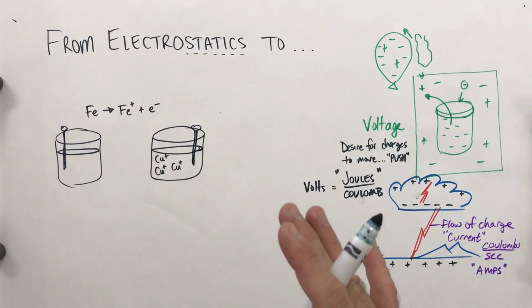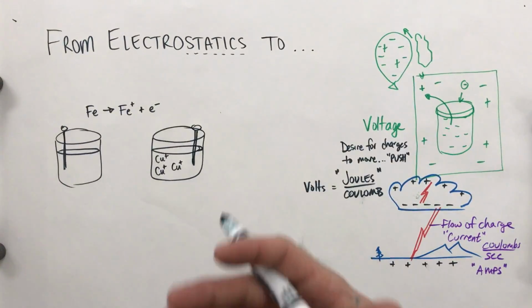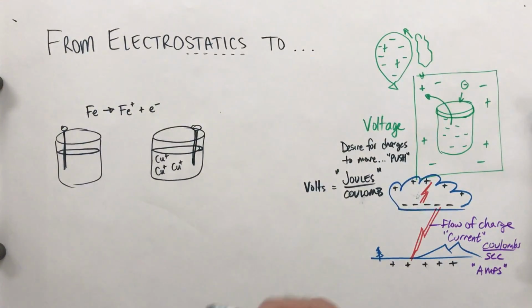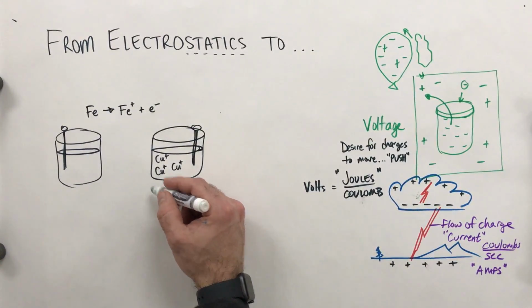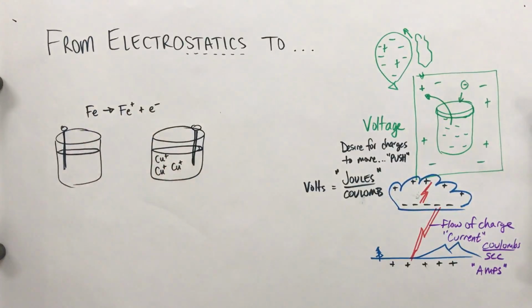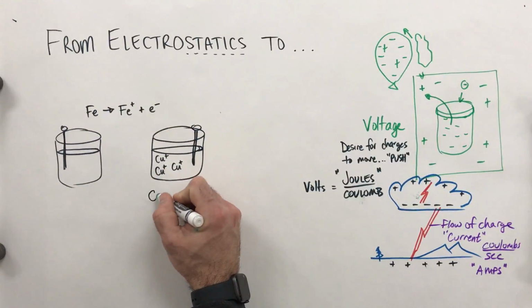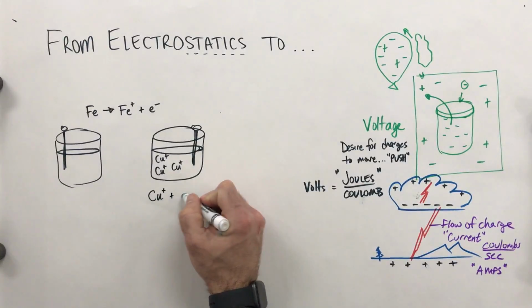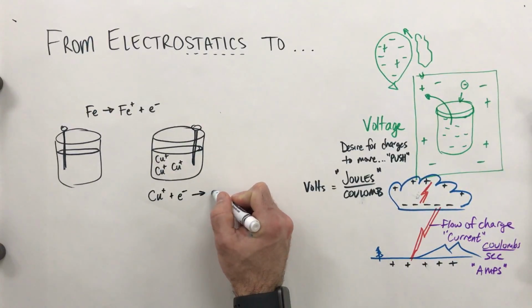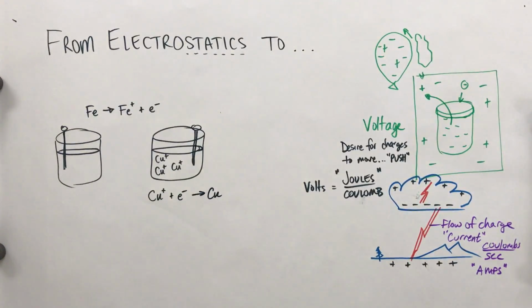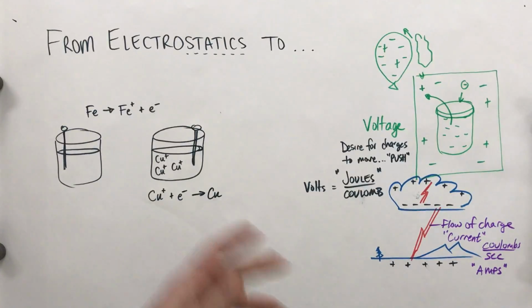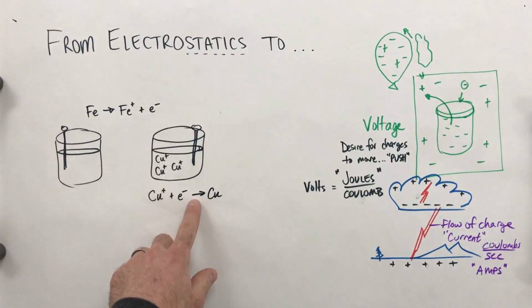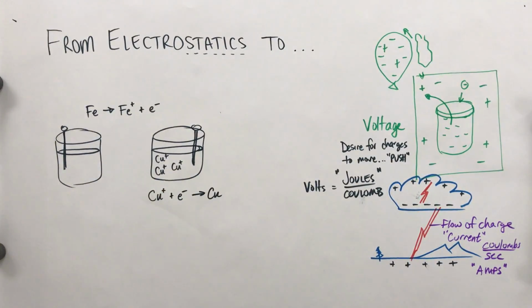Copper is better at gaining electrons than it is at losing electrons. So when we look at a chemical equation, so to speak, we would say that copper ions are good at gaining electrons and becoming solid copper, okay? So we have a reaction here that is good at losing electrons, and a reaction here that's good at gaining electrons.